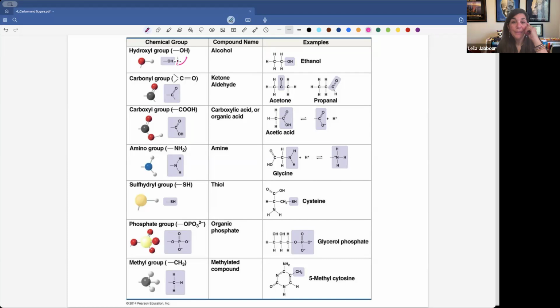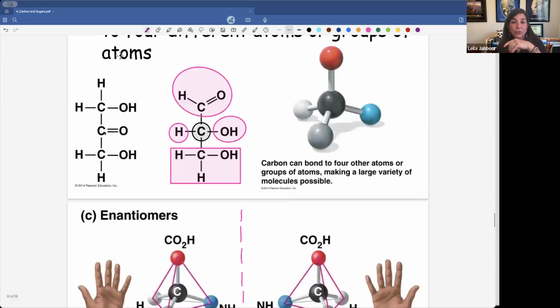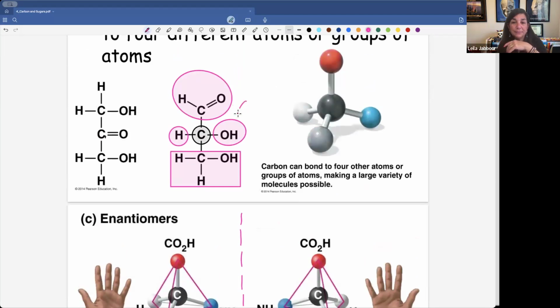So when you have an OH, that's called a hydroxyl group. And I want to show you the hydroxyl group that was here. You see that? This is a hydroxyl group that's attached to this carbon. So we don't just say, oh, it's just an atom of oxygen attached to carbon. We look at what's beyond it.